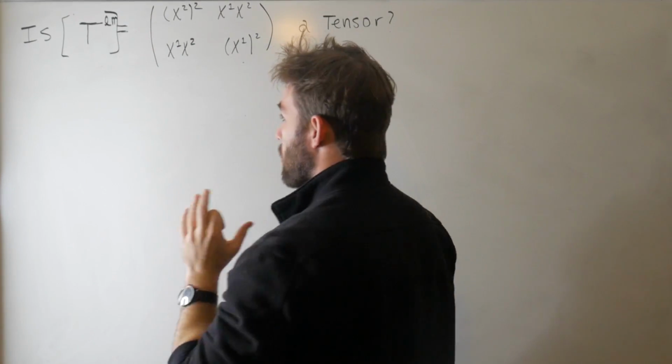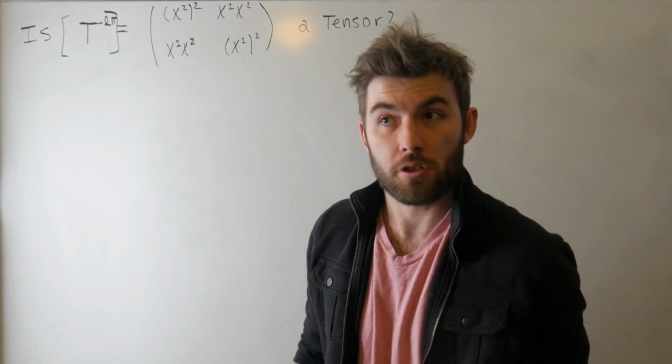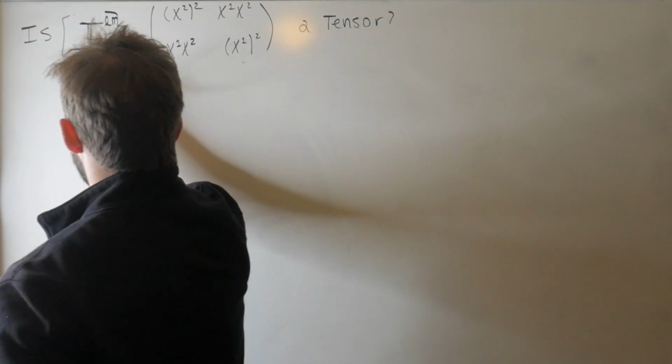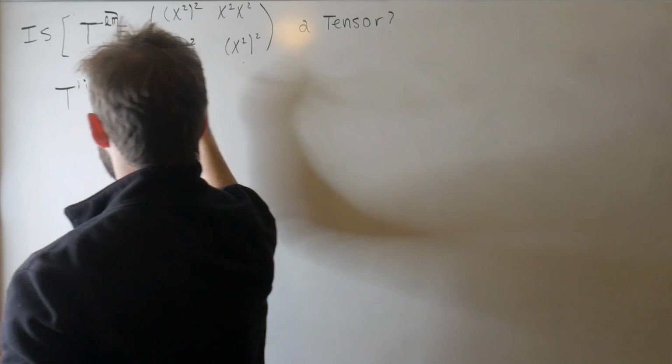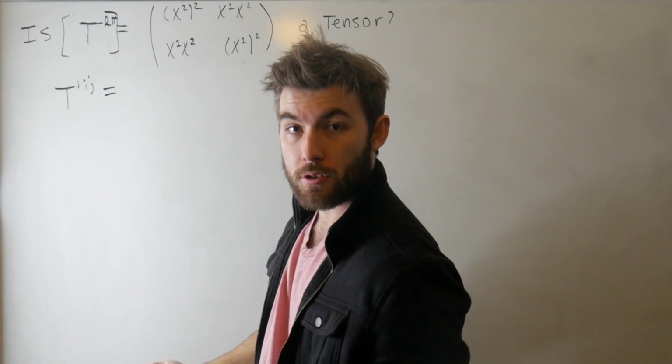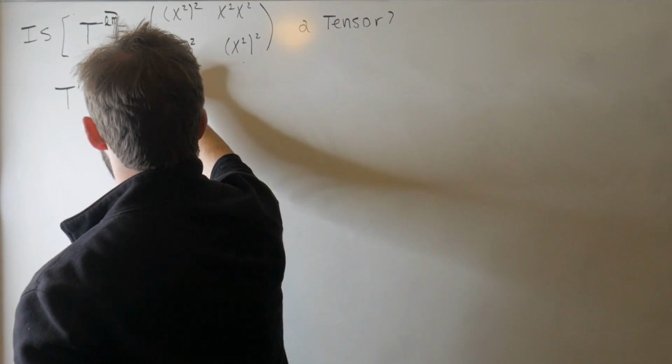Is it a tensor? Well, let's go ahead and write down how tensor components should transform. So in the primed frame, we'll call it T prime ij. This is equal to the transformation coefficients for a two-index tensor, which are the partial derivatives.